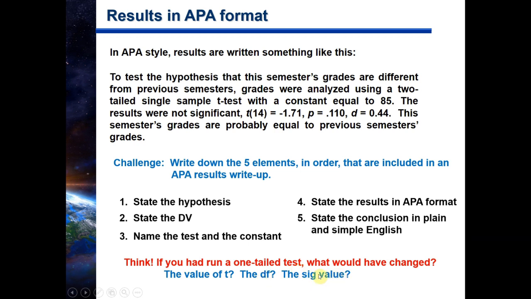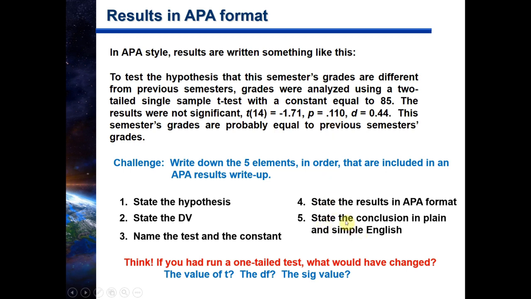Now, if we had run this hypothetical experiment and done a one-tailed test, remember the sig value for the two-tailed test? It was 0.110. That's if we split everything between two tails, right? We have 2 rejection zones.